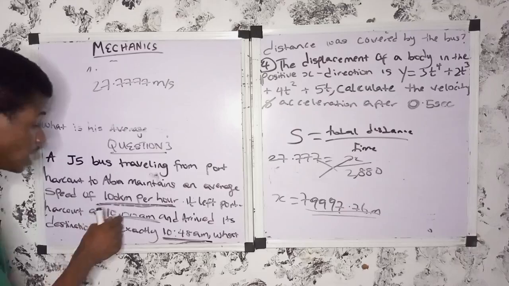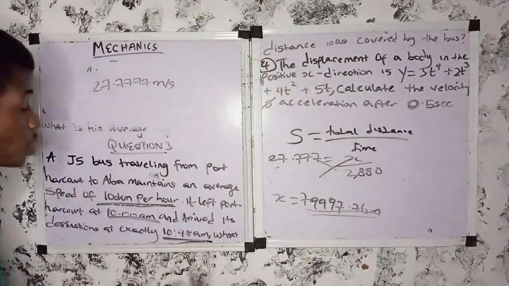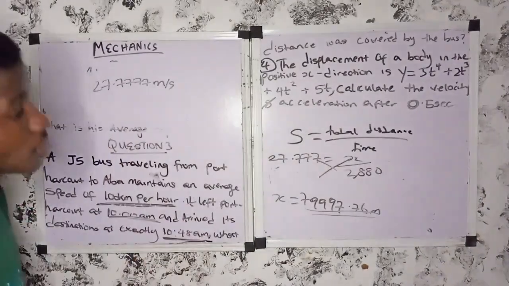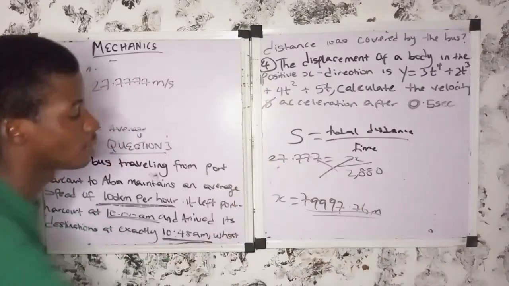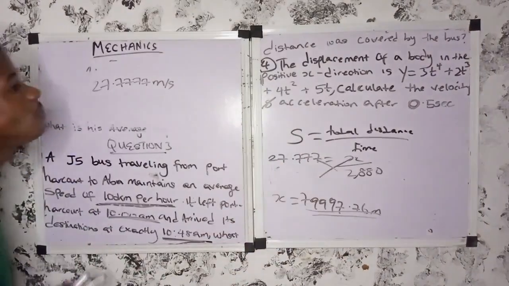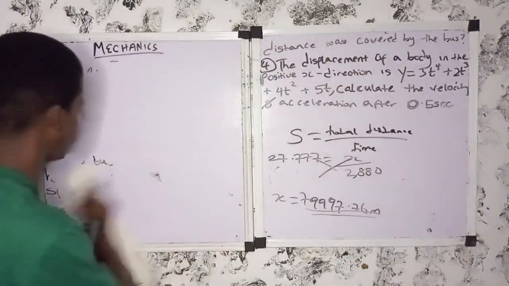The bus left Port Harcourt at 10 a.m. and arrived at its destination at 10:48, so that is 48 minutes. We converted from 48 minutes to seconds, then multiplied our values to get our answer. Okay, so let's move to the fourth question.